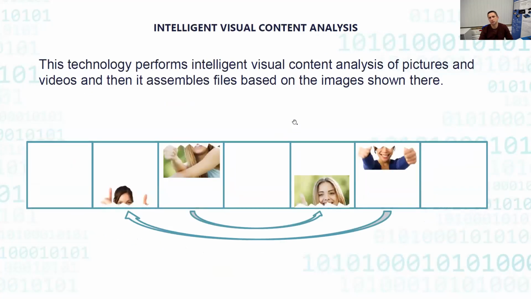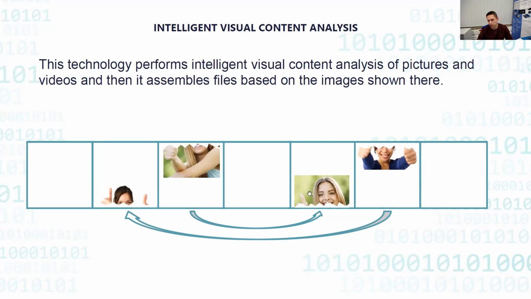The last and most advanced analysis that we can perform here is an intelligent visual content analysis. On this step, our algorithm looks for all pictures that are found within the dump, and pictures could be fragmented.